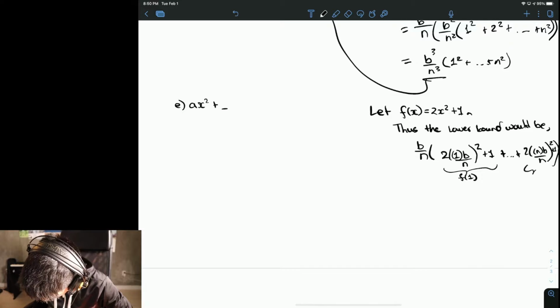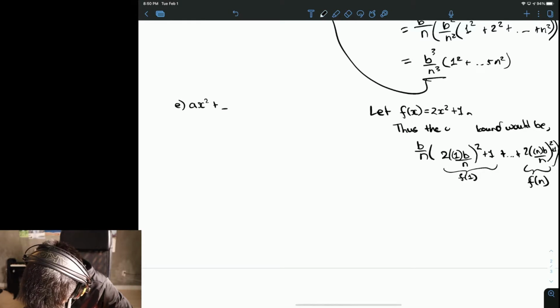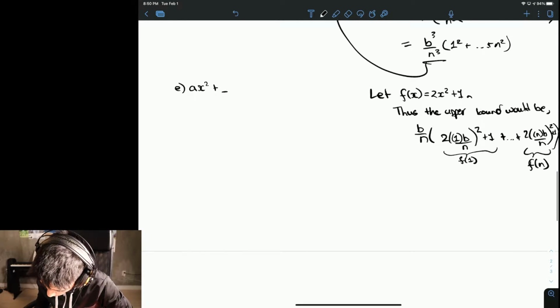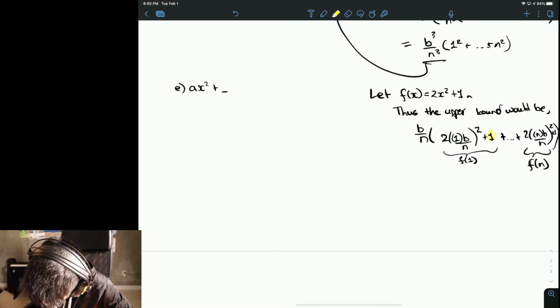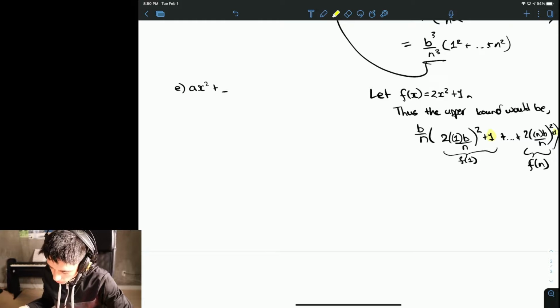And this is f of n minus 1 if this was the lower bound, but if it was the upper bound, it's f of n. We'll just correct this to the upper bound. So we can see that these plus 1 terms get added, and because there are n of them, it'll be plus n.